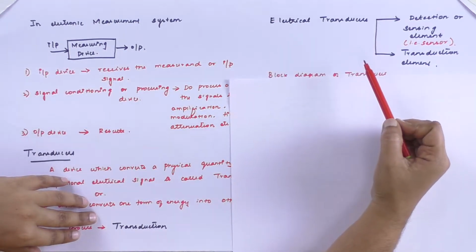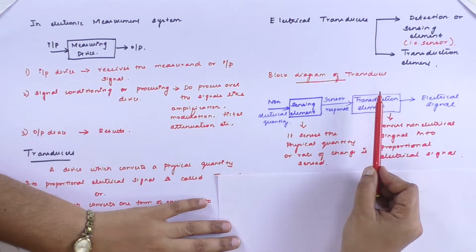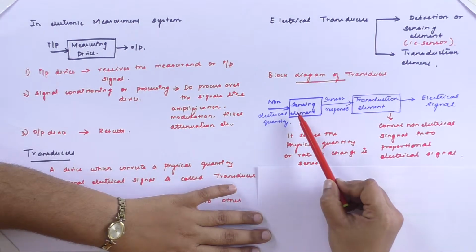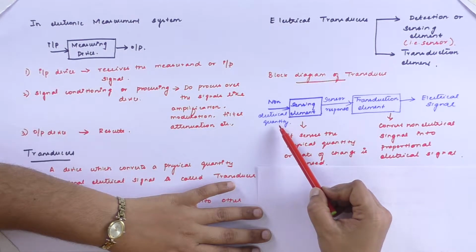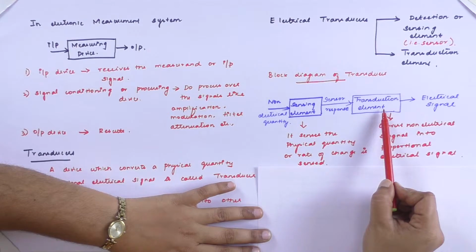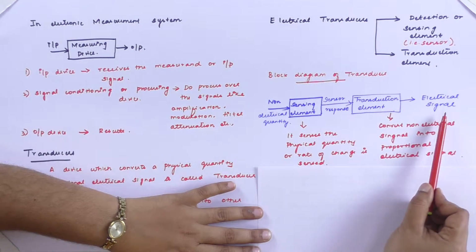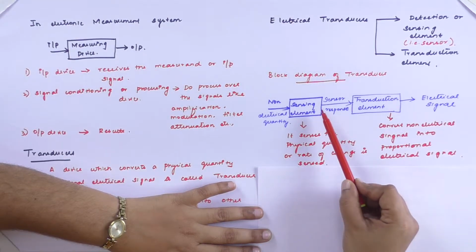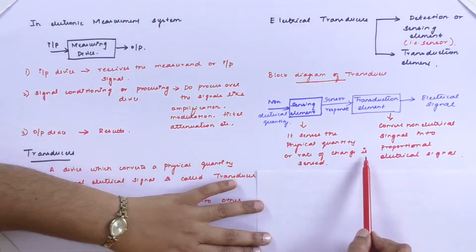Now, let us see the block diagram of an electrical transducer. The block diagram has a sensing element which senses the non-electrical quantity which is to be sensed, and the sensor response will be given to the transduction element. The sensing element senses the physical quantity or its rate of change.